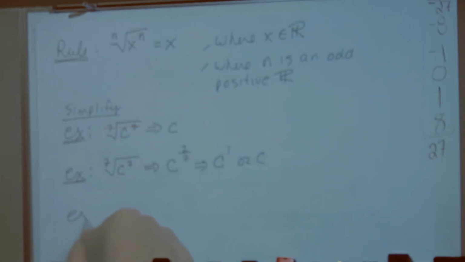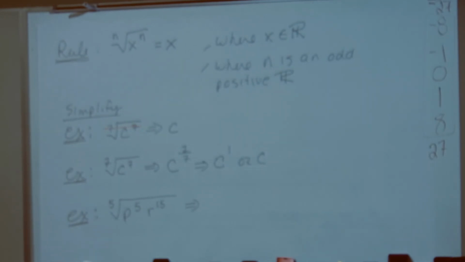If I give you, let's see if you guys remember this, the 5th root of p to the 15. Now we're not dealing with x to the n, n to the n over n, excuse me, but this is reminiscent of what we did last time.